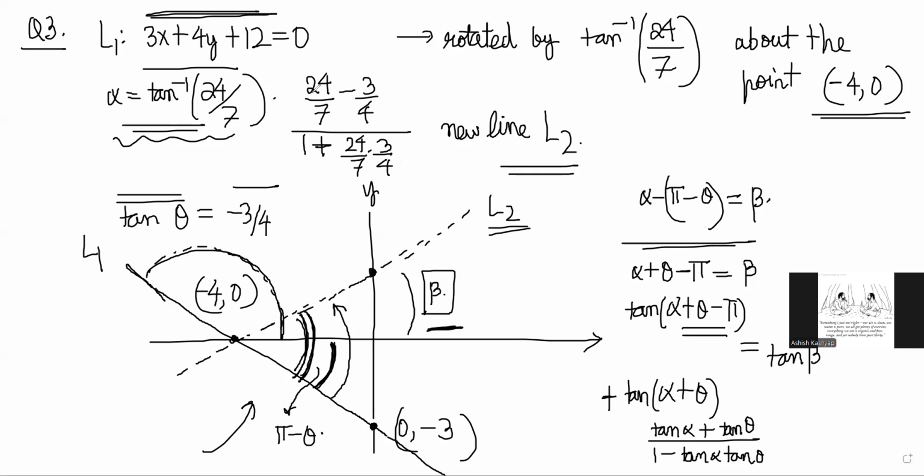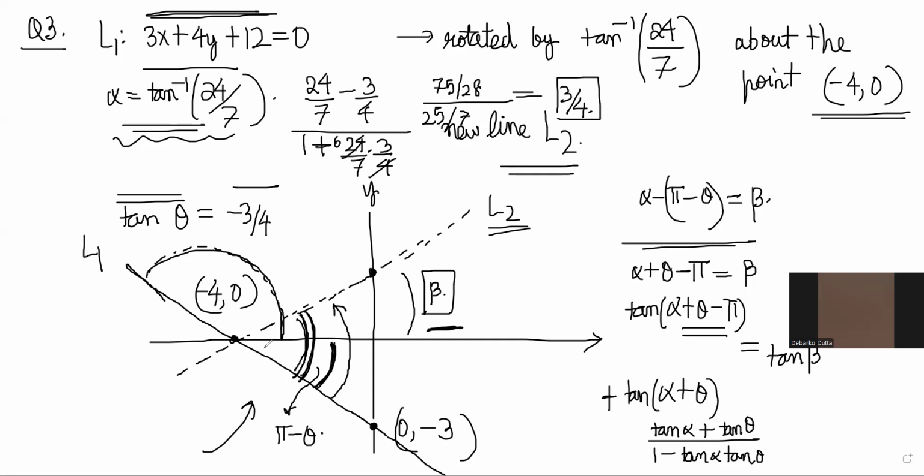So this becomes 96 minus 21, so that is 75/28 on top. Whole thing is divided by 18 by 7 plus 7 by 7, so 25 by 7. Right? So that becomes again 3 by 4. Right? Right, sir. So tan beta is 3 by 4, right?